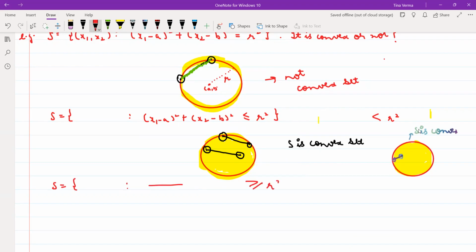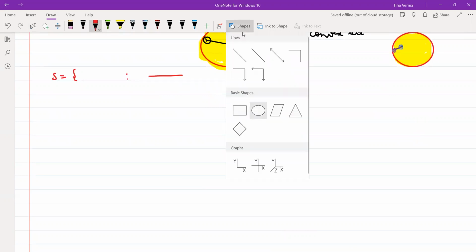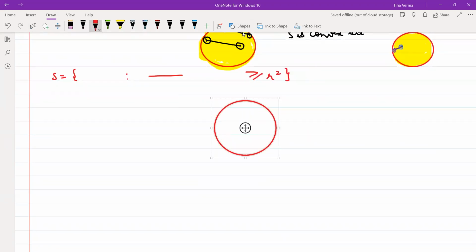Now if I change this, the whole set S with this condition, and I am taking greater than or equal to R square, what will be the region of S? Outside the circle. The same x1 and x2 belong to the R2 plane, real numbers, and the circle can be anywhere. Here x1, x2, a and b are all real numbers.